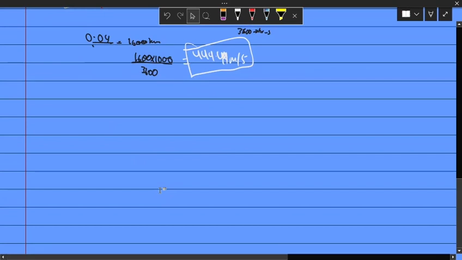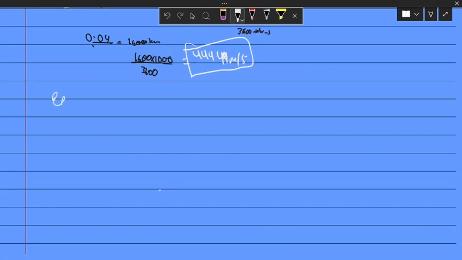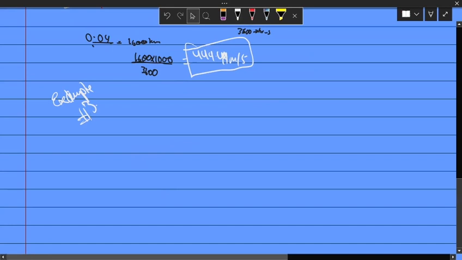Now let's do another example, example number 3. In this example, what is given to us is that the distance is 2.5 miles, and the time taken is 1.5 hours.